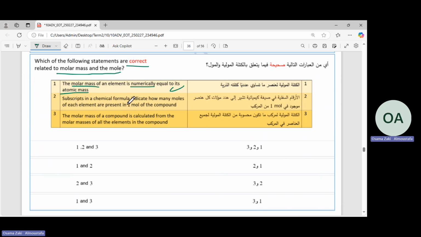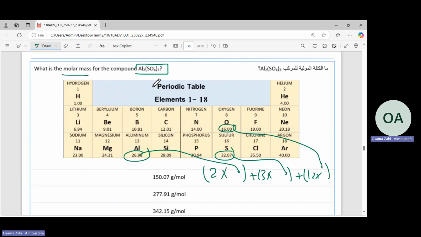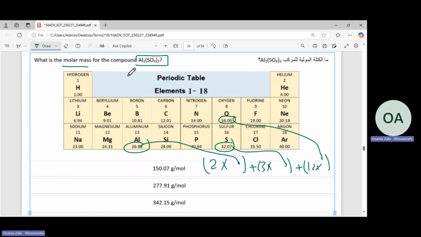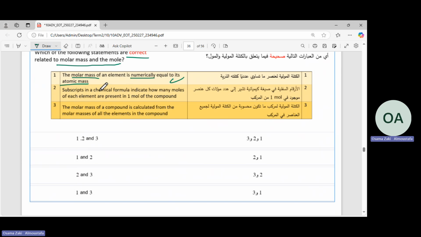Subscript of the chemical formula. Where's the subscript? This is the subscript: 2, 4, 3. But the number in front of the compound is called the coefficient. The subscript of the chemical formula indicates how many moles of each element are present in 1 mole.